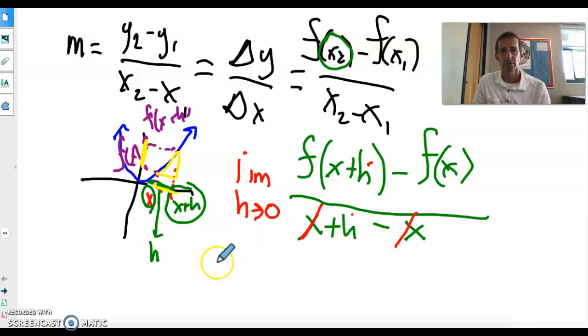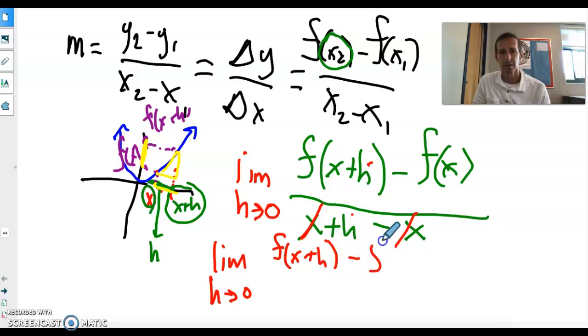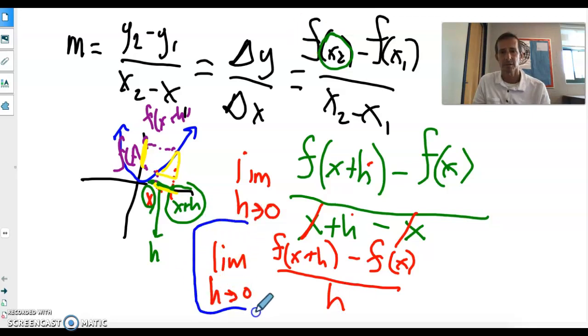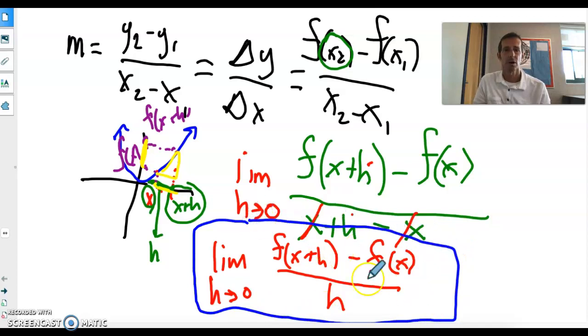So the actual limit definition of a derivative is the limit as h approaches 0 of f of x plus h minus f of x, all over, and that's all that's left down there, all over h. I'm going to put a big blue box around this, because this is not the cleanest whiteboard experience you've encountered. That's what you want in your notes.